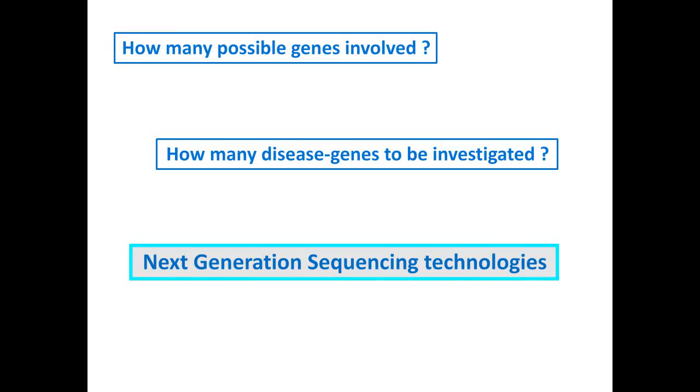This is the question. How many disease genes should be investigated if we wanted to cover the etiologies of this condition? Up until recently, the possibility of answering these questions was hampered by technology, and it's now possible to find the right answer with next generation sequencing technologies.